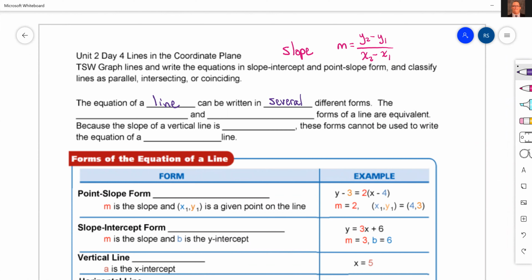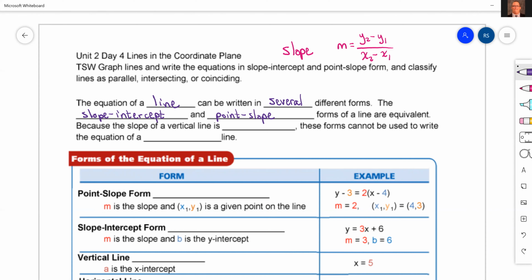The one that we're probably most familiar with is slope-intercept form. But then there's also one called point-slope form. However, these will not work for a vertical line.